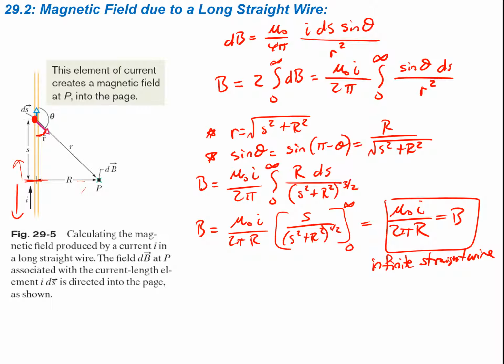So if that was 1/2, then our magnetic field is going to be mu naught I divided by 4 pi r. This is going to be for a semi-infinite wire. And let me stress, this should also be a straight wire. I'm talking about straight wires here.